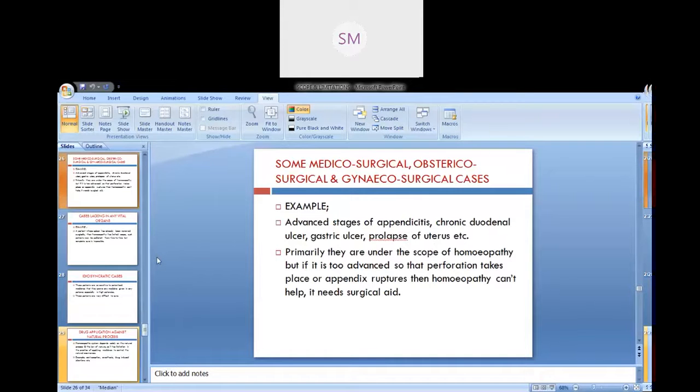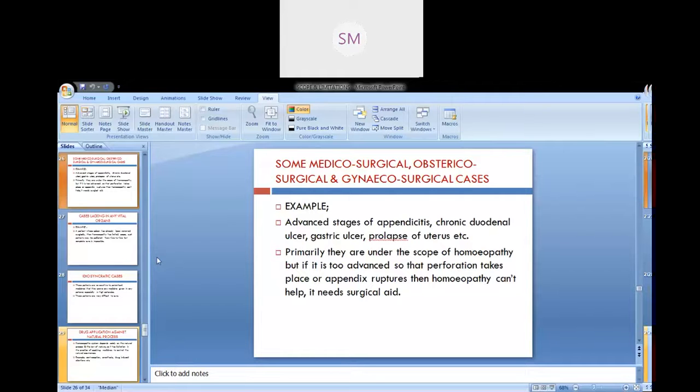Then, in some medico-surgical, obstetrico-surgical, and gyneco-surgical cases, homeopathy has limited action. Examples: advanced stages of appendicitis, chronic duodenal ulcer, gastric ulcer, prolapse of uterus, etc. Primarily they are under the scope of homeopathy because we have many medicines for them.